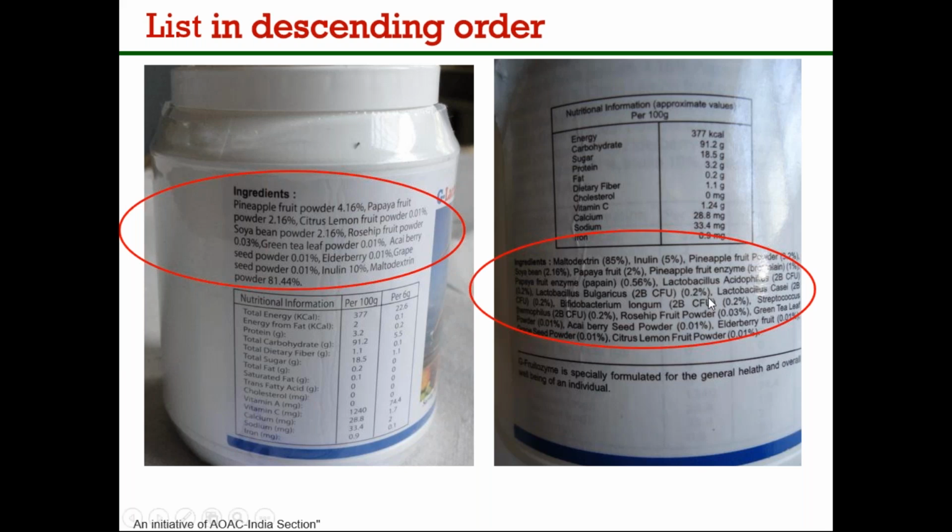Now, this label was rectified by the manufacturer, and now you see you have maltodextrin followed by inulin, pineapple fruit 3%, 2%, and you see the latter half of it has 0.01%. So the list must be in descending order of the composition of the ingredients.